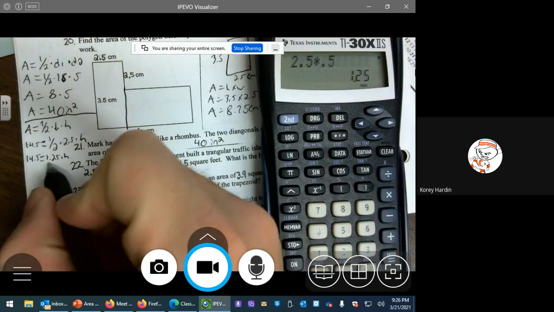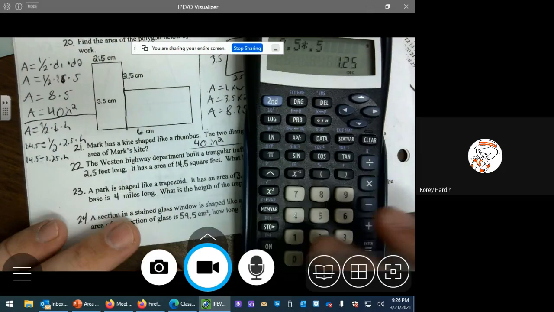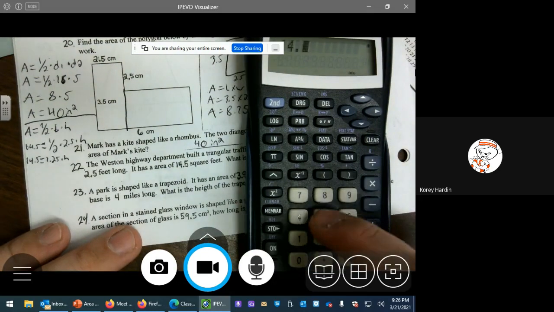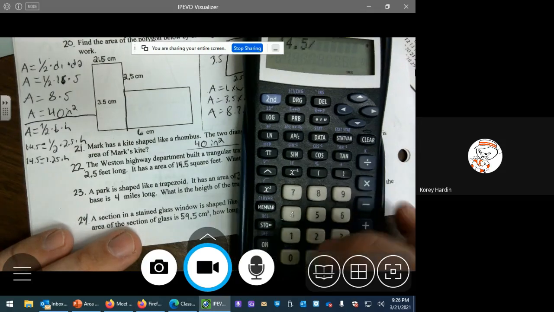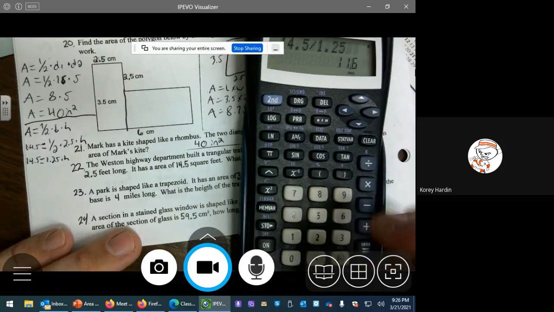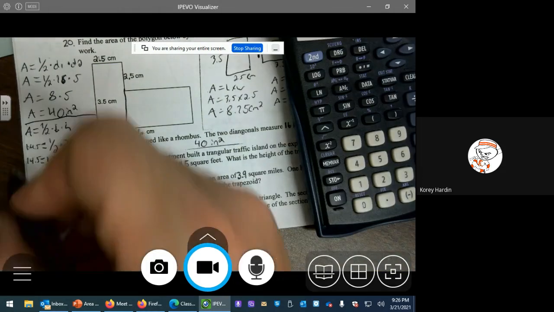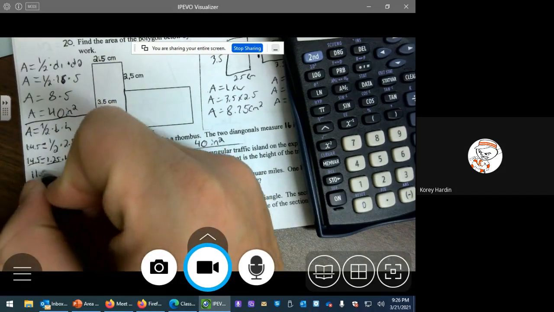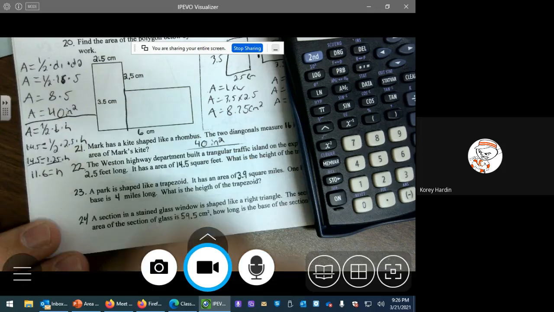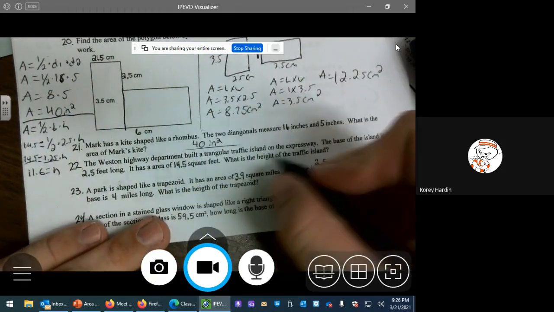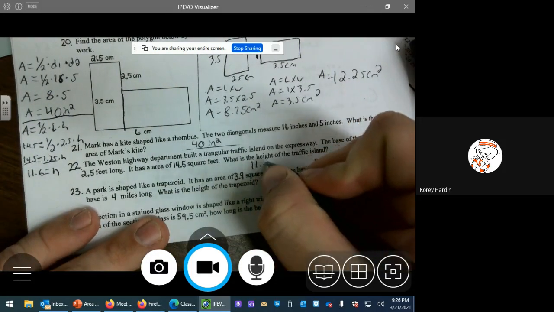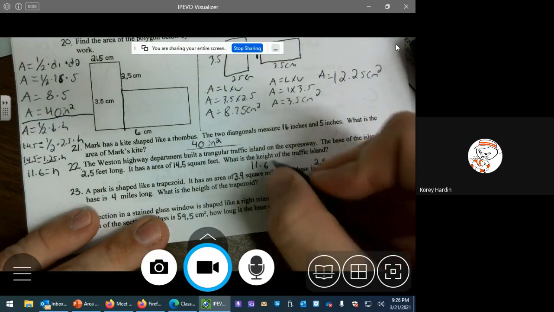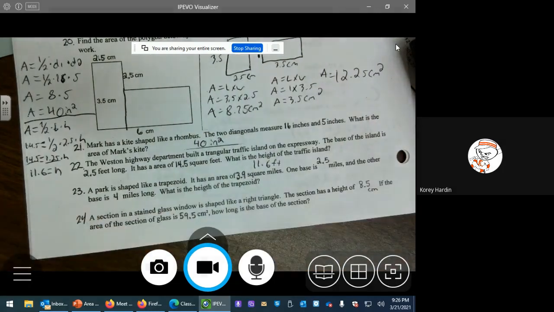So to get rid of that, remember I divide by 1.25. So 14.5 divided by 1.25 equals 11.6. Remember I divide. 11.6 equals the height. Okay, so the height is going to be 11.6 feet. That one's rough, but it's okay.